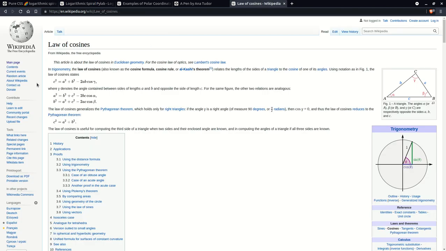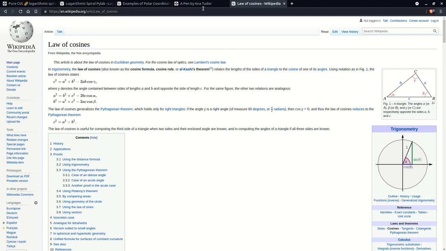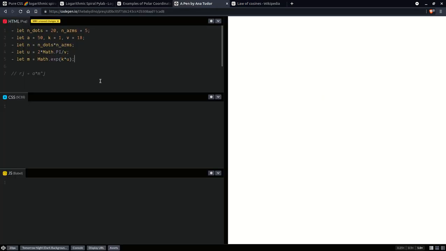the law of cosines, which says this: the third edge in a triangle squared is the sum of the squares of the other 2 edges minus twice their product times the cosine between them. In our case, the cosine of the angle between them is the cosine of u, the unit angle. So our distance between the first 2 radii, between r0 and r1, is going to be d. We can call it d0, but we're going to call it d because we don't compute it for the rest.